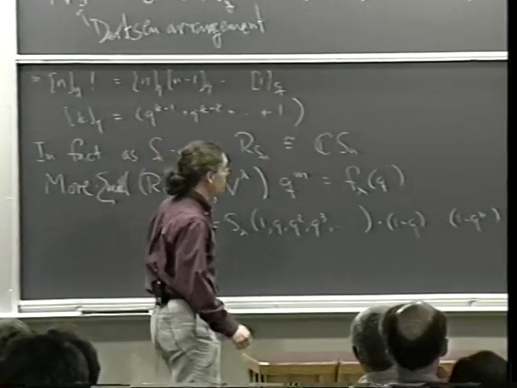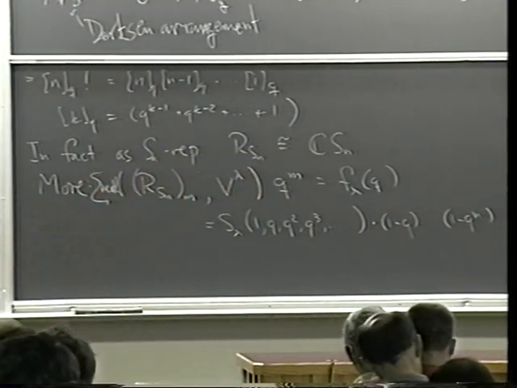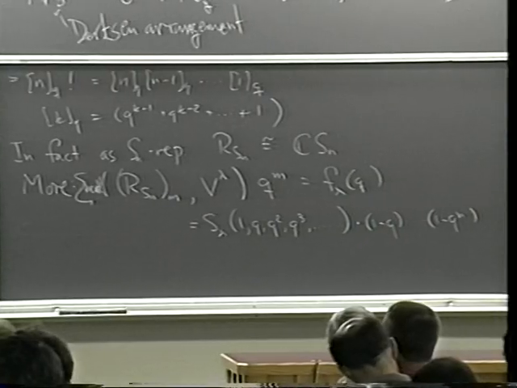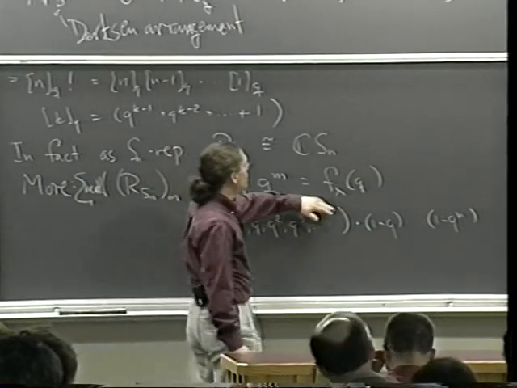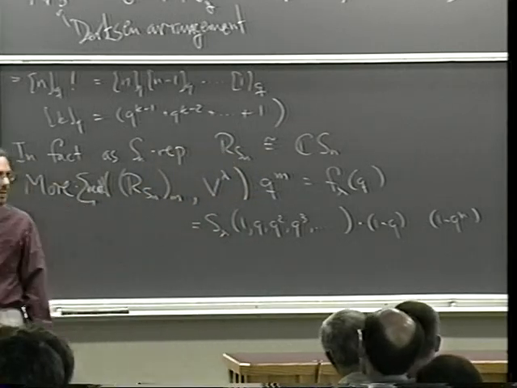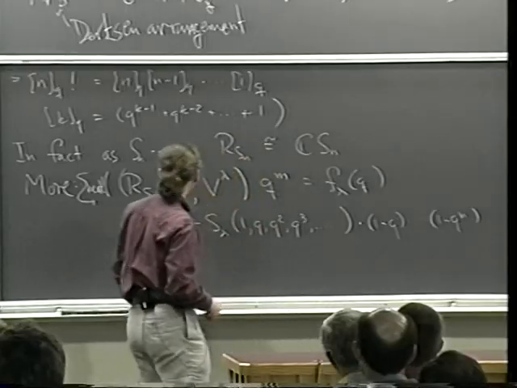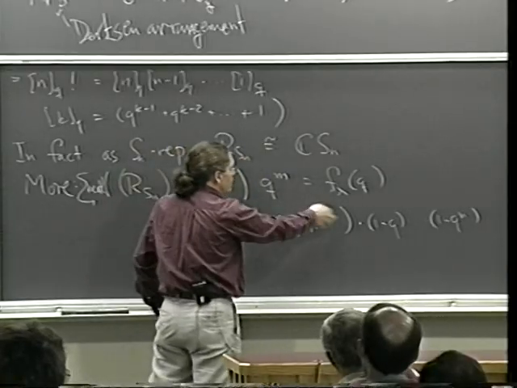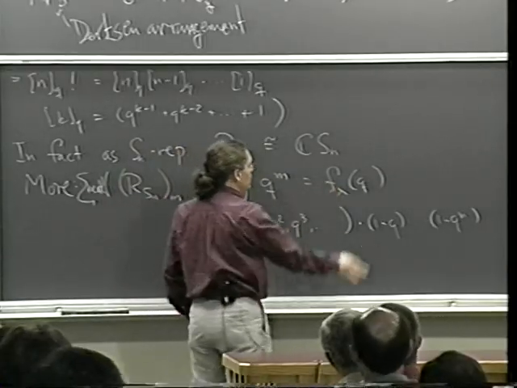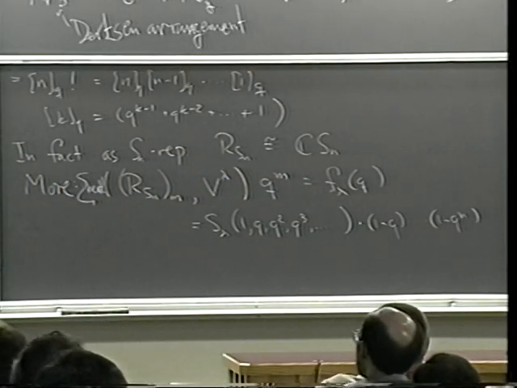And when you multiply it through by this, you get a polynomial. And that's this f_lambda of q, which happens to actually count standard tableaux of shape lambda by q to some power, depending on what's called the major index of the tableau. As I said, I don't really want to get into that, but there's a completely precise combinatorial description of this, and so we really know exactly what this ring looks like.